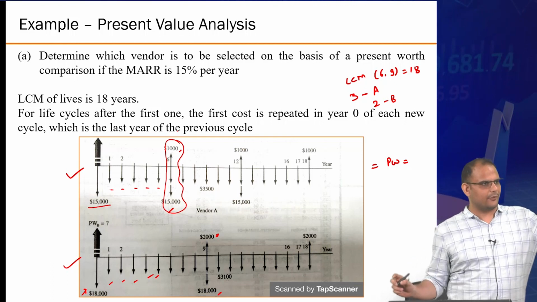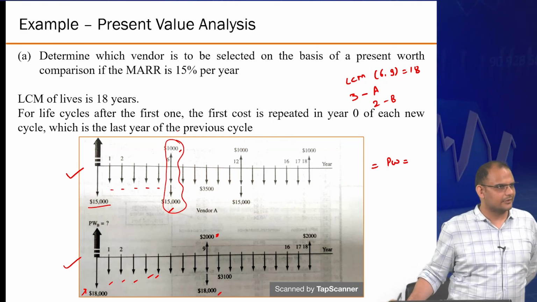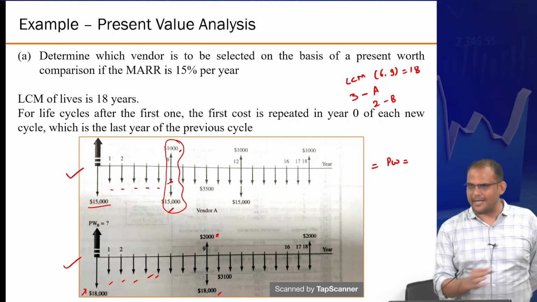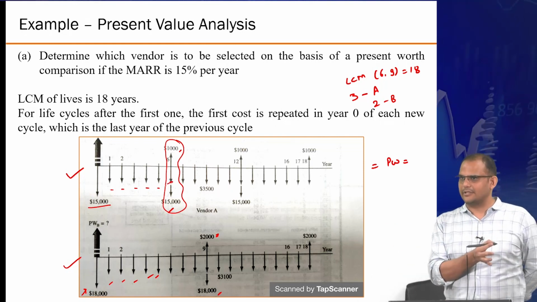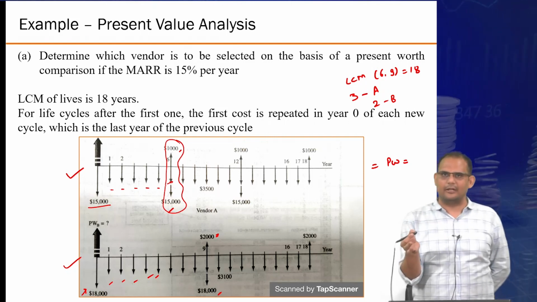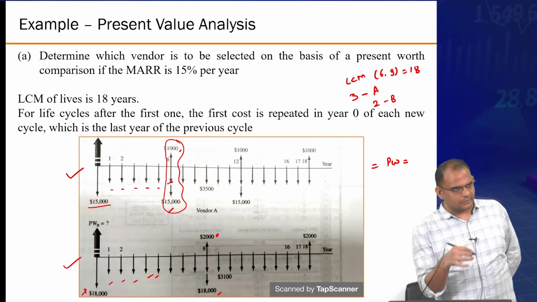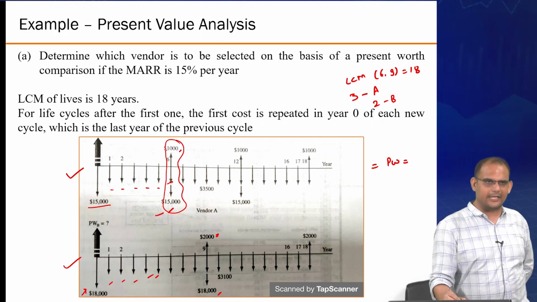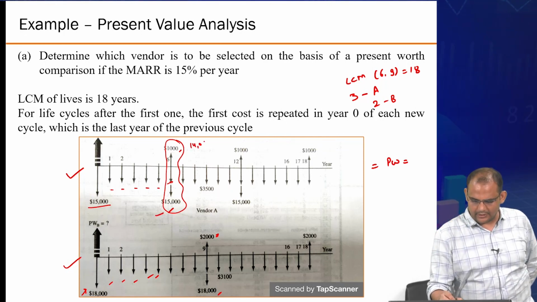How many people are saying 14,000? Why? Yes, if you don't take this cash flow, you can apply the A series for the entire 18 years. So it's a single formula, you are shortening your calculation. Otherwise, you have to bring everything into multiple series. So the net effect is 15,000 minus 1,000, which is the 14,000.